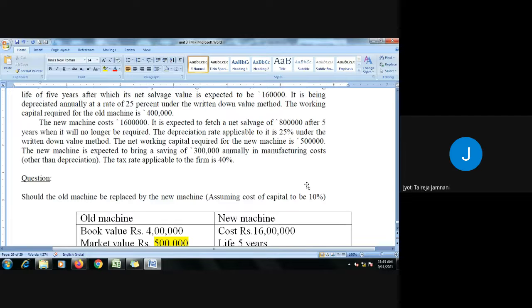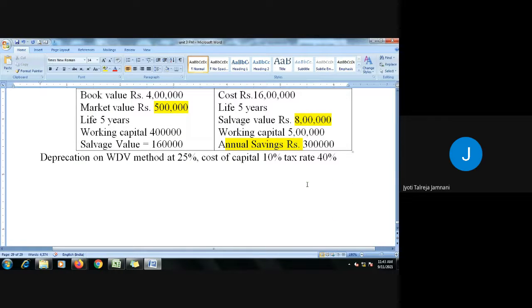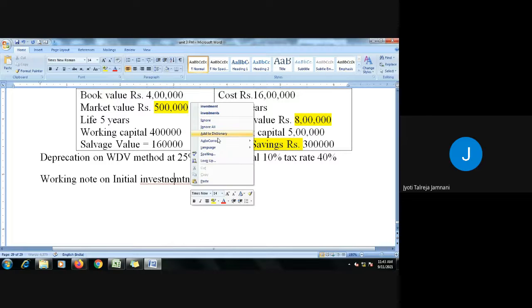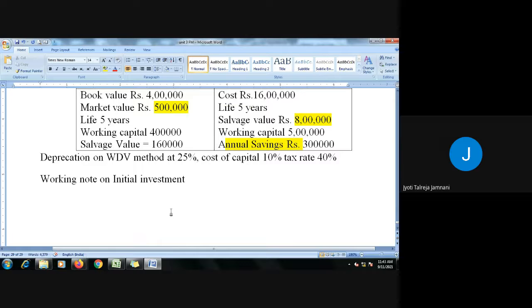Okay, now we'll do the working notes one by one. So the first working note we always do is on initial investment. When we go on initial investment, first we find the cost of the old machine and new machine.